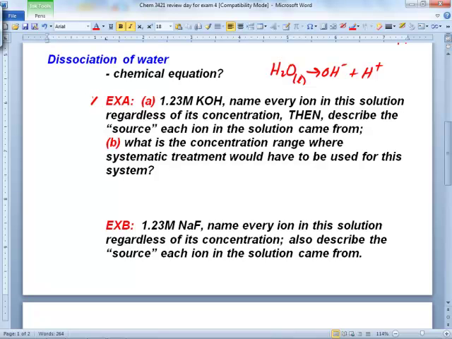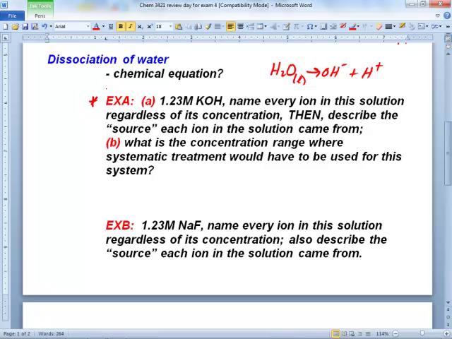Here's our first type of question when we start getting into this dissociation of water stuff. Adriana, we have 1.23 molar KOH. Please name every ion in this solution, regardless of its concentration. K plus. Oh, I should probably write these down.